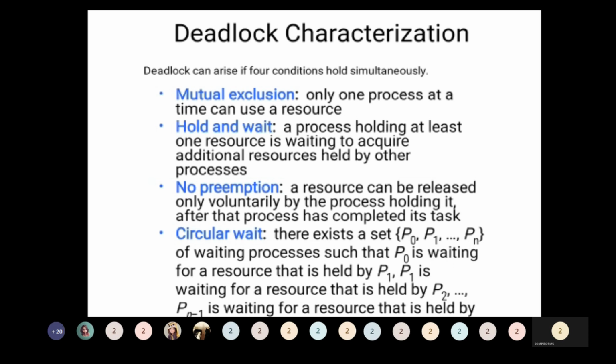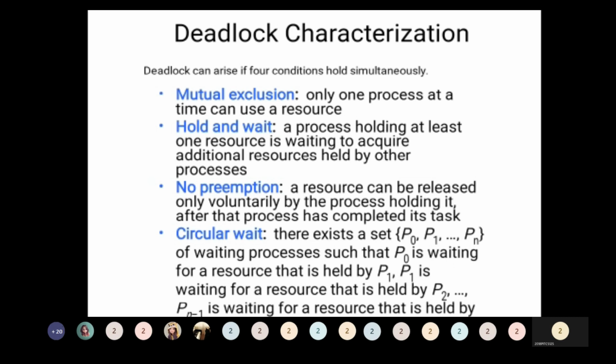If any process holding a resource has to voluntarily release the resource without any preemption in between, if that condition is holding, then we can say deadlock might be occurring.